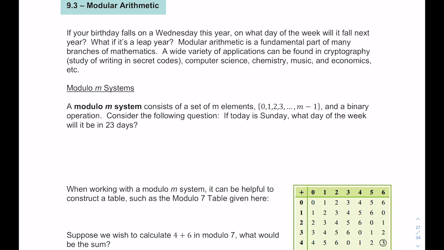So there are two things I want to discuss with you. When we say the word system, we're talking about a mathematical system. And remember, a mathematical system just consists of a set of elements and at least one binary operation.